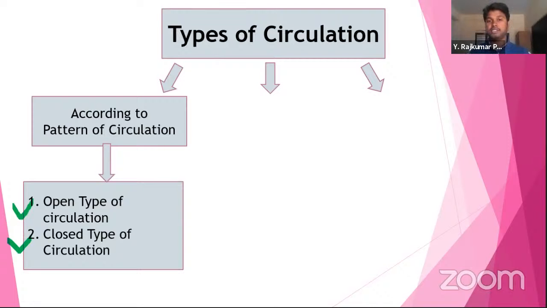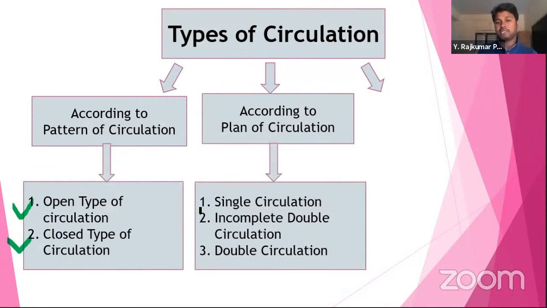In closed circulatory system, blood flows only through blood vessels, and the circuit is completely closed. Next, according to the plan of circulation, we can classify circulation as single circulation, incomplete double circulation, and double circulation. We will learn about this in the next slide.